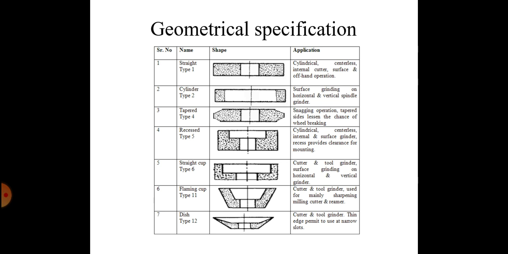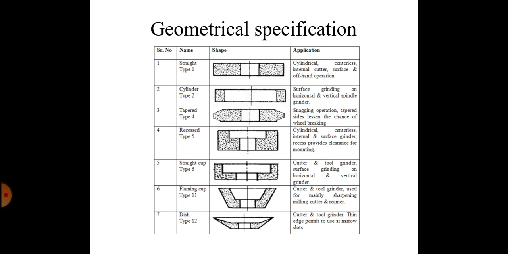And the last type is dish type. This shape of grinding wheel is used for cutters of thin edge, permitting the use in narrow slots. For this purpose this dish type grinding wheel is used. This is the geometrical specification of the grinding wheel.